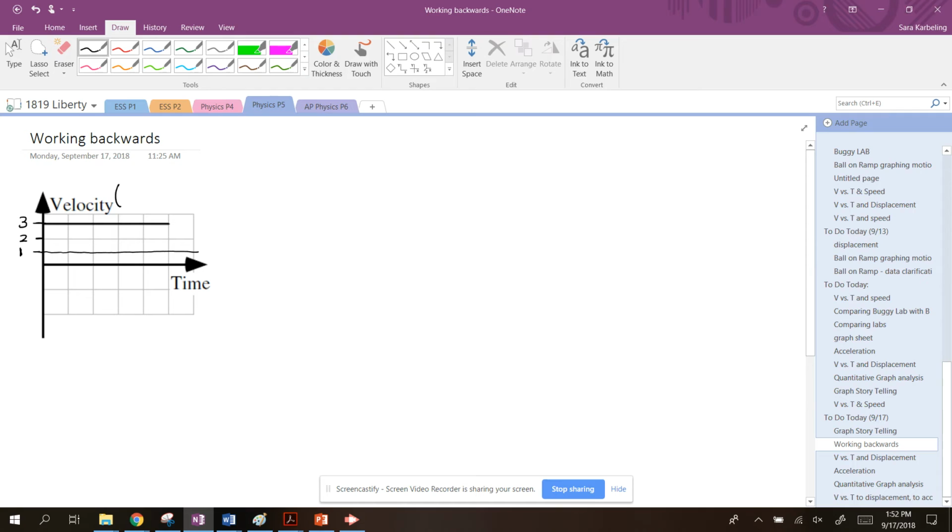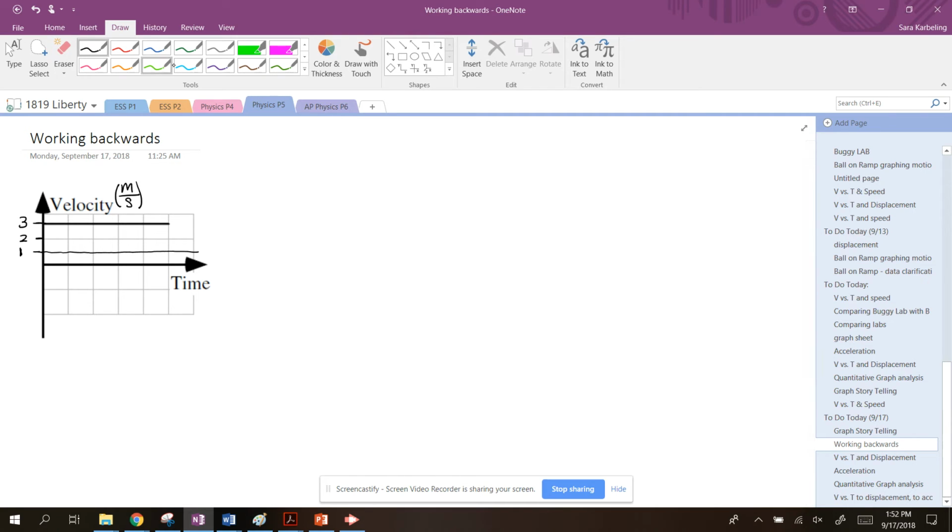What are the units of velocity? Distance over time. And what's our distance measurement that we usually use? Meters or centimeters. Usually the base unit is going to be in meters. And the base unit for time is seconds.